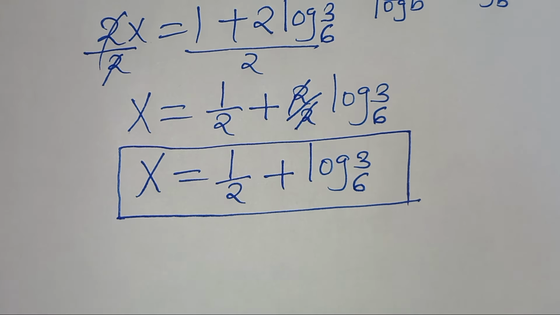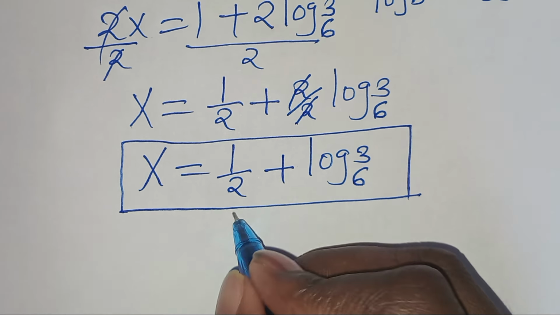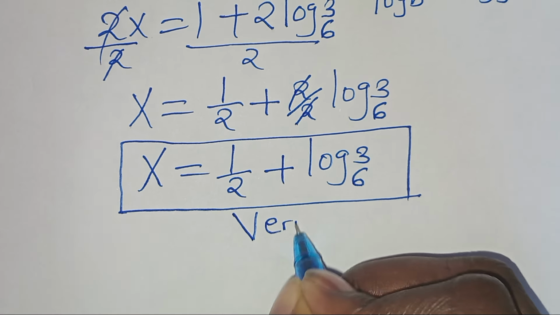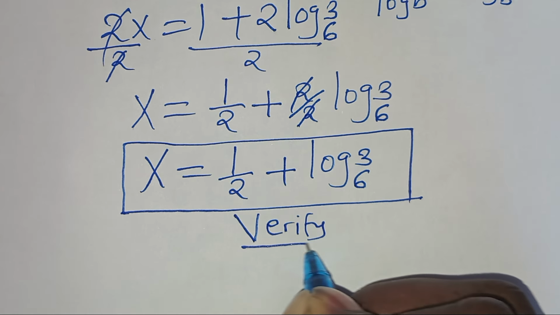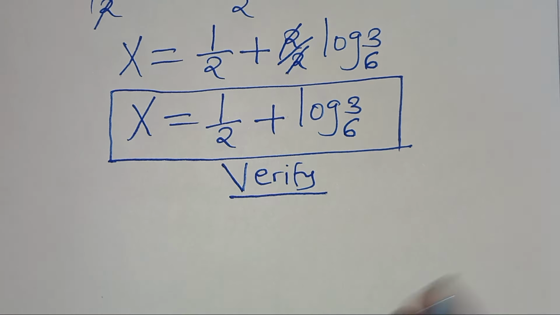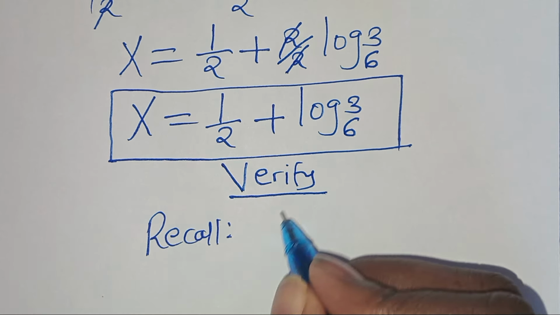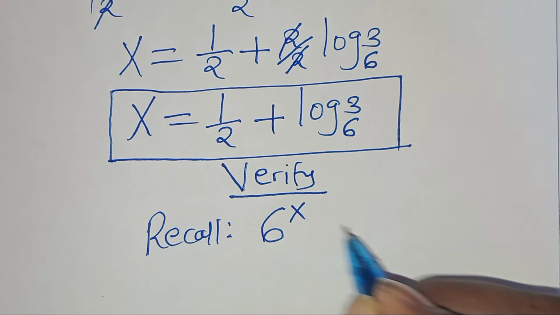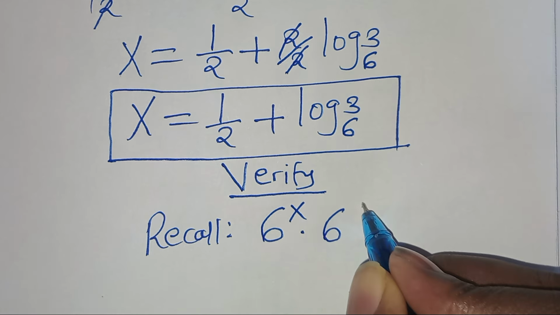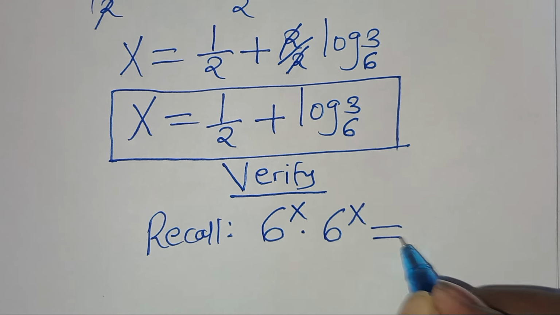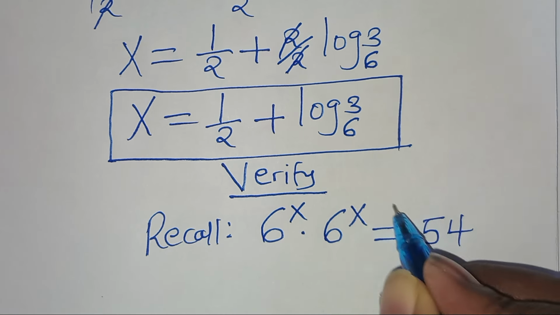The next step is to verify. So let's verify that this value of x satisfies the equation. Now, if you recall, we have that 6 to the power of x times 6 to the power of x is supposed to give us a value of 54.